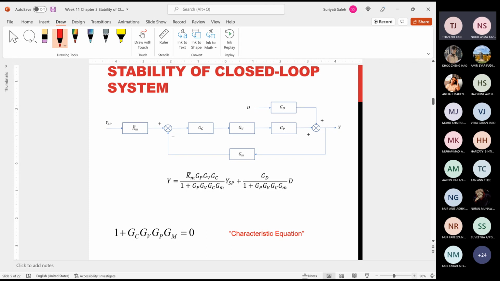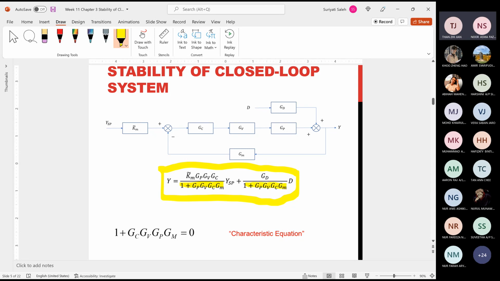We take a look at the overall closed loop transfer function: Y equal to KM bar GP GV GC over 1 plus GP GV GC GM, times YSP, plus GD over 1 plus GP GV GC GM. So this is your overall closed loop transfer function. Like we have discussed before, in order to evaluate the stability of the closed loop system, normally we just use the denominator.